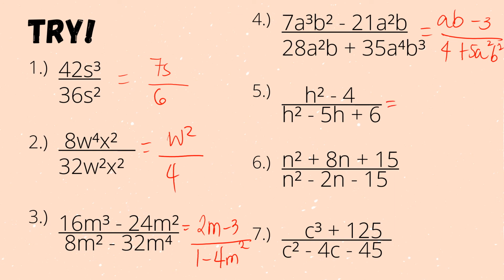And then for number 5, it will be h plus 2 all over h minus 3. Next, for number 6, that will be n plus 5 over n minus 5.